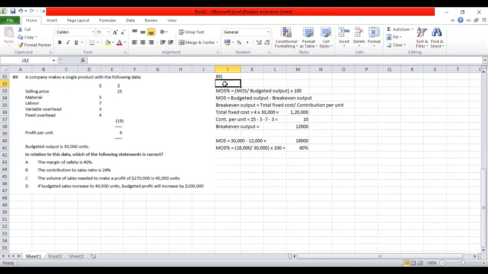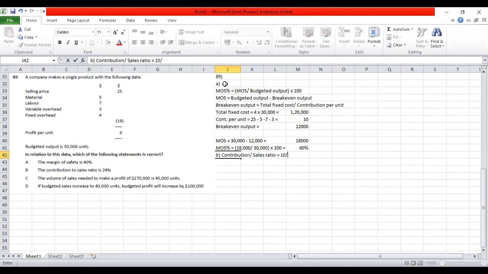Do we have time? Quickly, let's finish it up. Let's take option B. B says the contribution to sales ratio is 24%. The contribution we got is 10. Sales is 25.